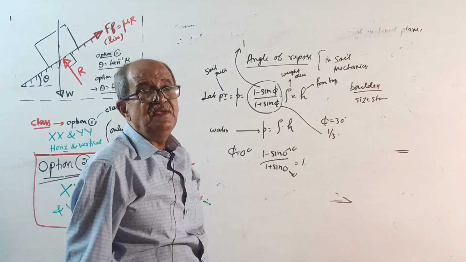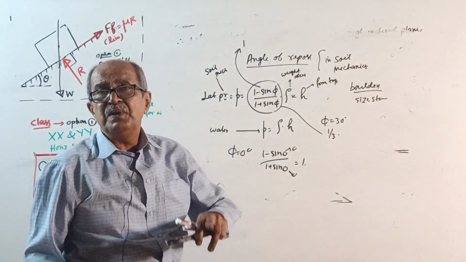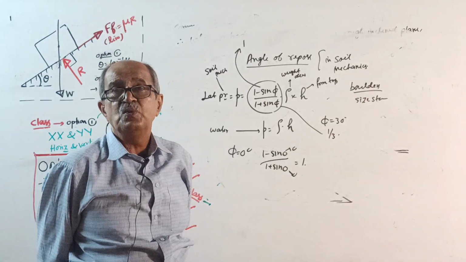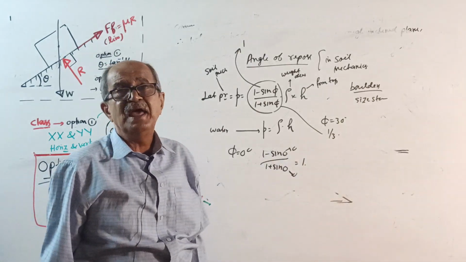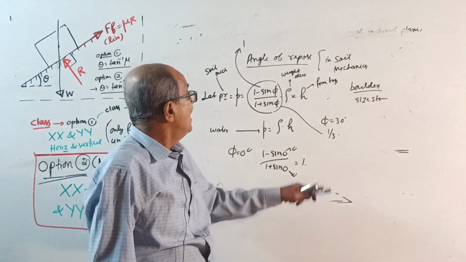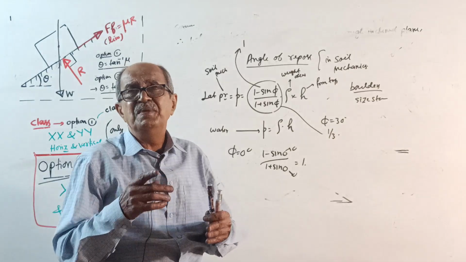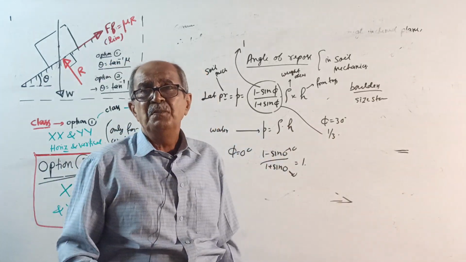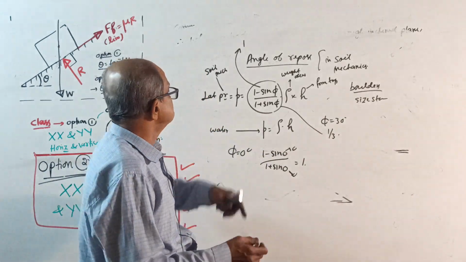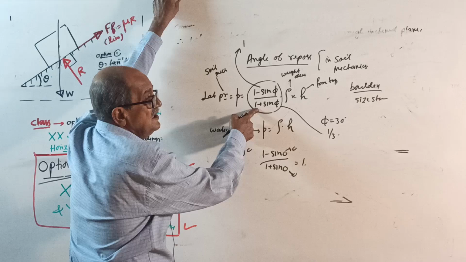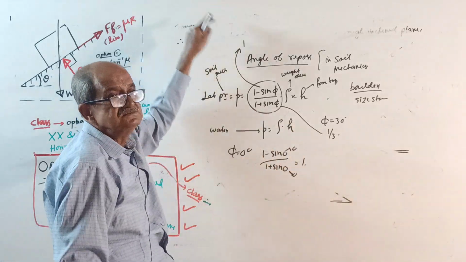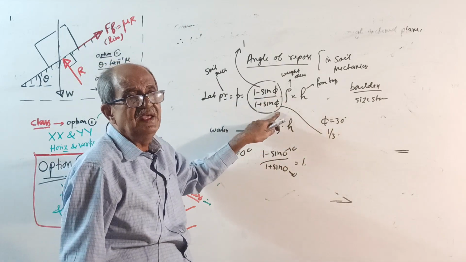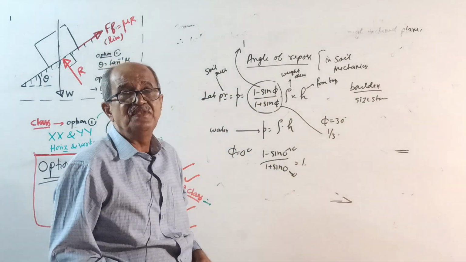If the water pressure for a particular height is 30 kilonewton per meter square, soil pressure will be only 10 kilonewton per meter square. As phi decreases, pressure will increase. Here 1 minus sin 30 by 1 plus sin 30 becomes 1 by 3. You know that answer.